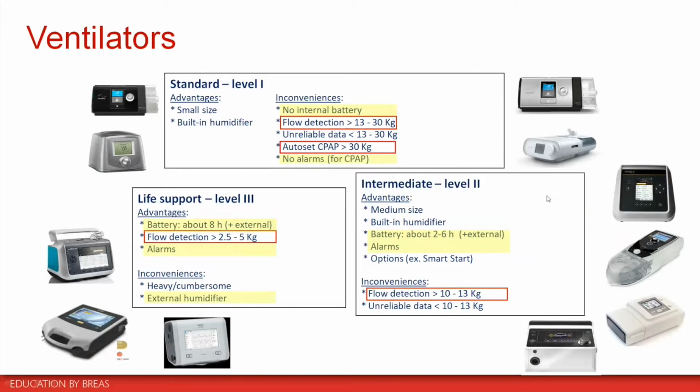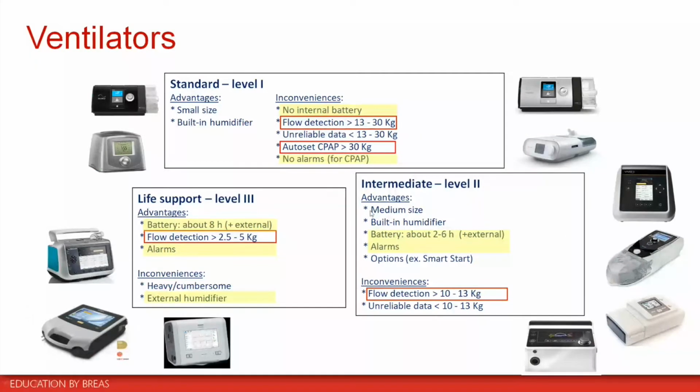Then the second category is what we can call intermediate, or in France, we usually say level 2 ventilators. Here are a few examples. Once again, you have a lot of different models, but there is not room on the slide to show them all. The advantages are that they have a medium size.